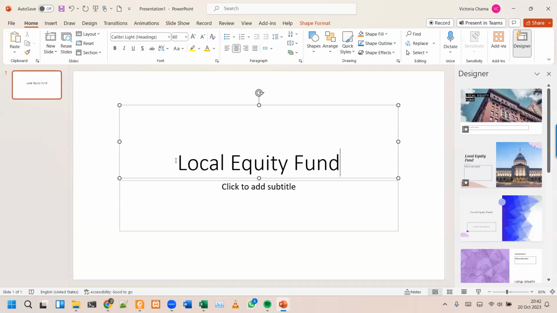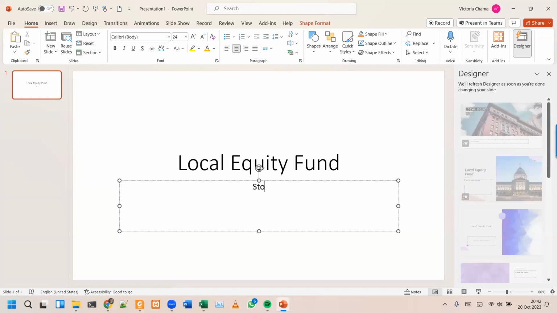They will do this using just the generic normal options. So when you invest in something like a local equity fund, what you're investing in essentially is the stock market. Now, because it's the stock market, you kind of need to know what the good things are about investing in the stock market, as well as what the bad things are.